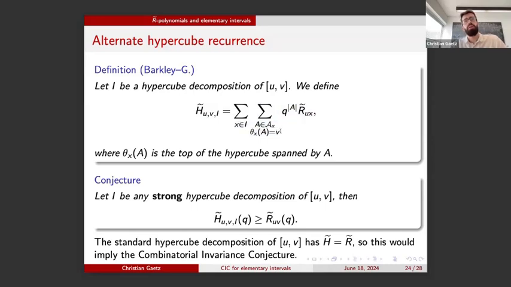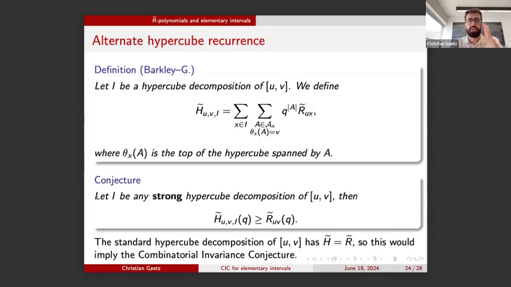Then for each element there, this theta is the top of the hypercube that this antichain A spans. So what we're doing is we're summing over those elements such that they have a hypercube which does in fact reach V, then q to the width of the hypercube, and the smaller r tilde polynomial from u up to the base point of our hypercube. So this is a definition.